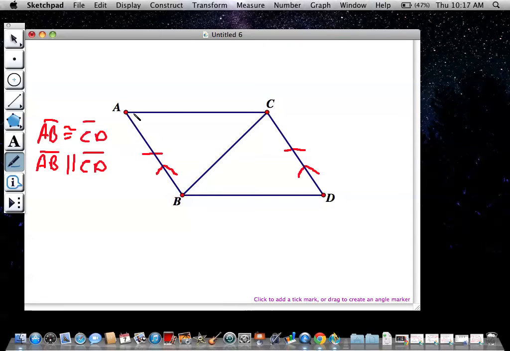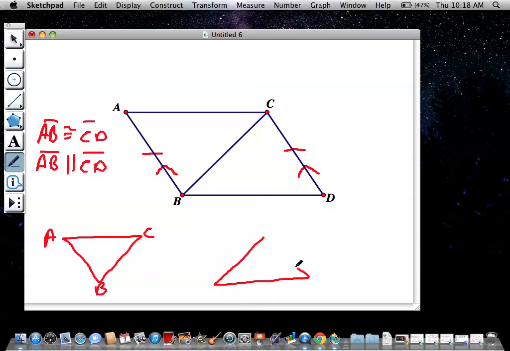First, I want to draw new triangles here: A, C, B, and then this triangle, C, B, D. I know that AB is congruent to CD, and I know these lines are parallel.